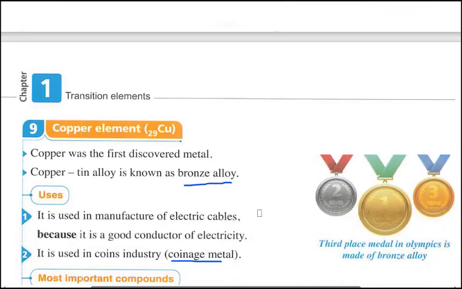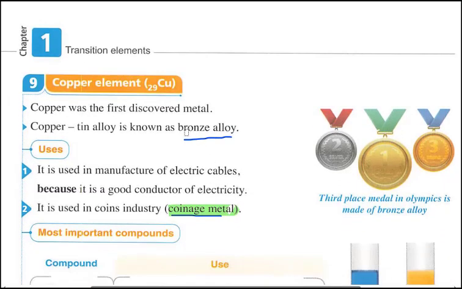Copper is used as a coinage metal, okay, and it is used in the bronze alloy, which is the third place in the Olympics. It is an alloy of copper, nearly 90% copper and around 10% tin. There is another alloy, copper and zinc, which is the brass alloy.